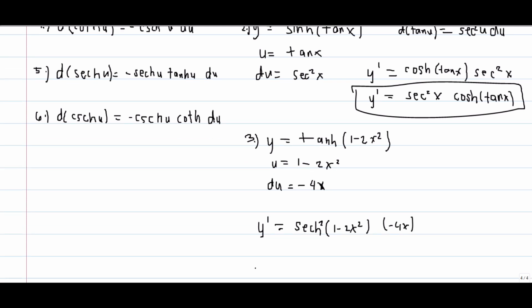Or we can write it as negative 4x sech squared of the quantity 1 minus 2x squared. So that is the final answer.